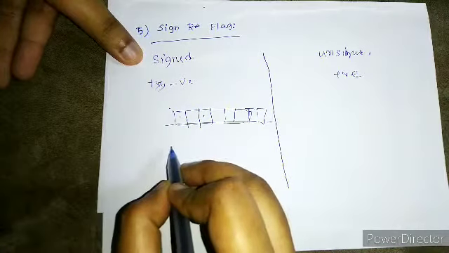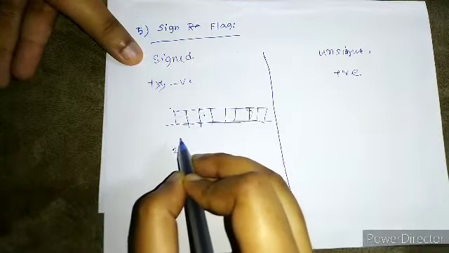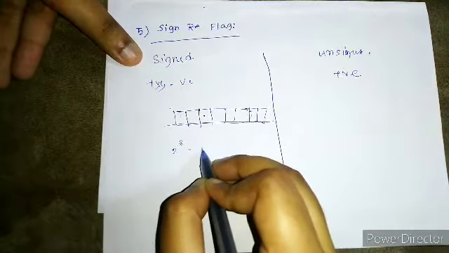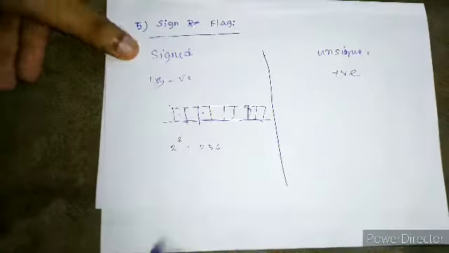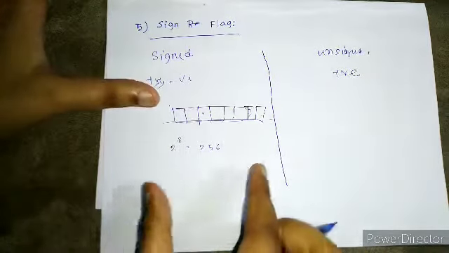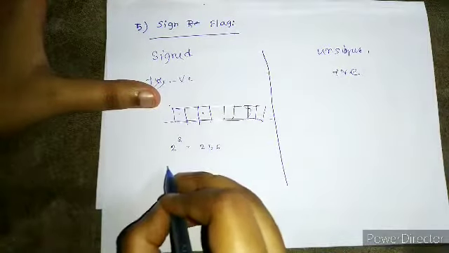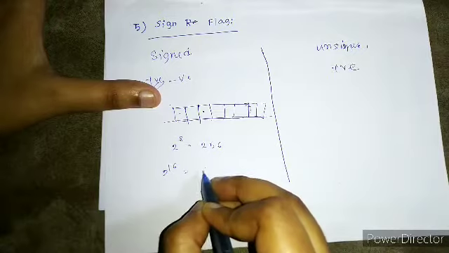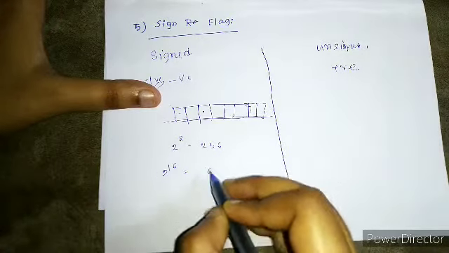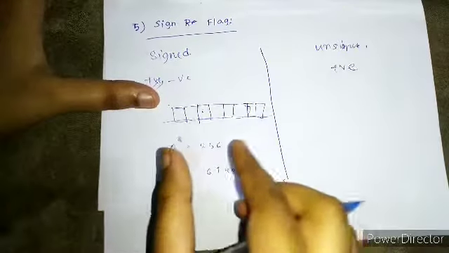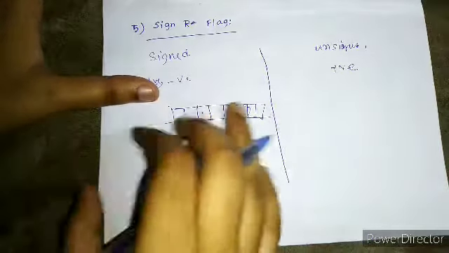So the highest number of combinations with 8 bits we can make is 2 to the power 8, equal to 256. Or if we work as a register pair, which means 16 bits, it would be 2 to the power 16, which means 65,000 something, that is 64 KB. Only this many combinations can be produced.